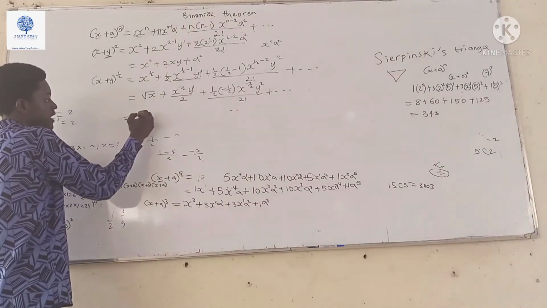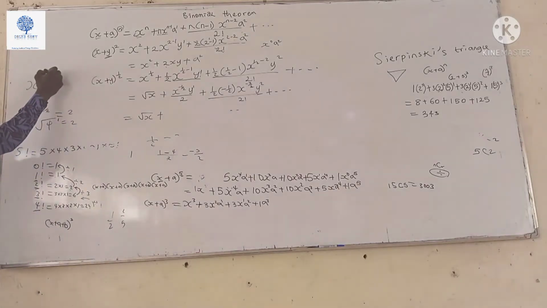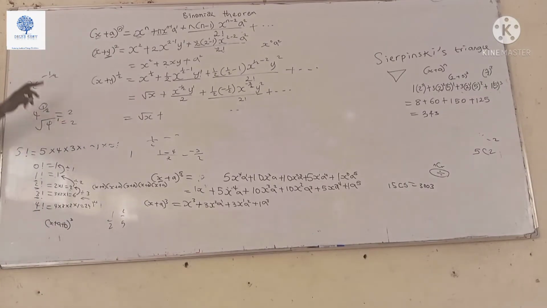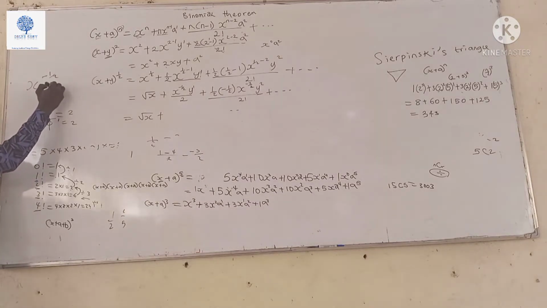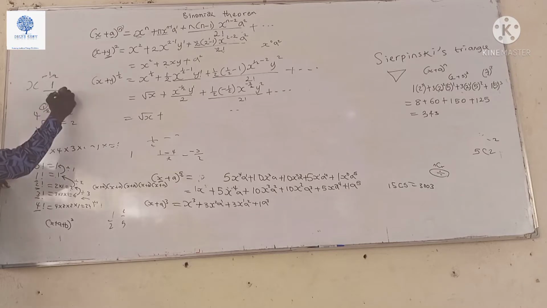So from here we can have our answer as x to the power of minus half. If you have an index that is a negative number, the minus means it can be written as 1 divided by x to the power of half.